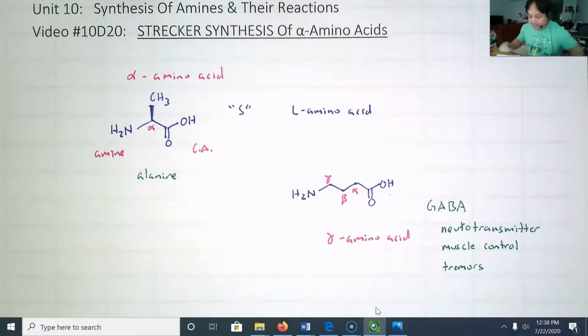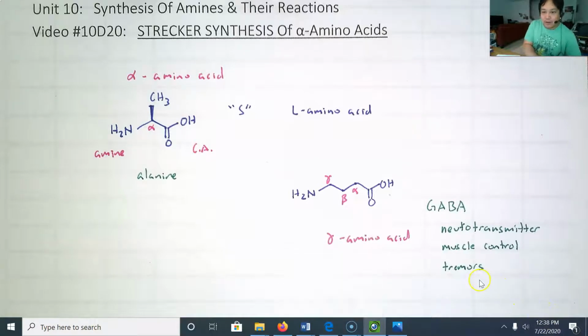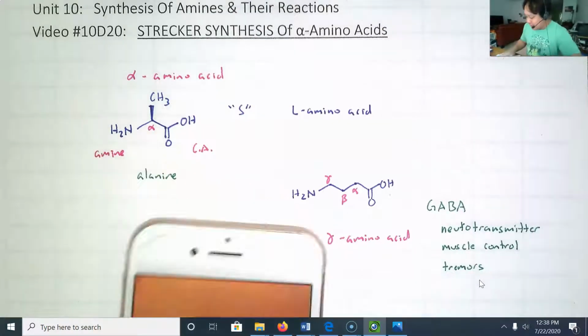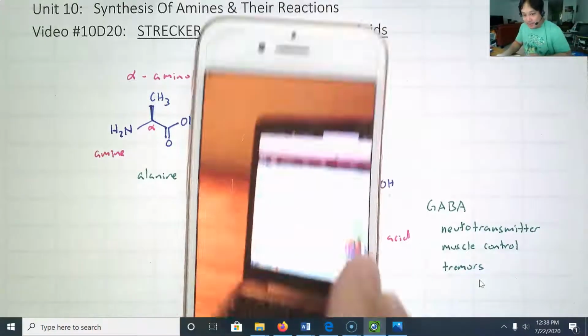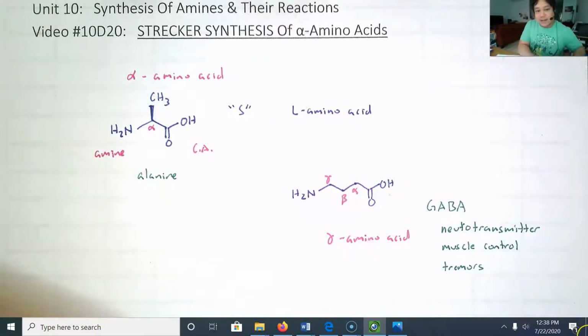All right, why don't we get to the Strecker synthesis? Again, most of the amino acid talk will be for Unit 11, but let me show you. This is in honor of my nephew. I don't know if you can see that. So he's going to learn. See this alanine.